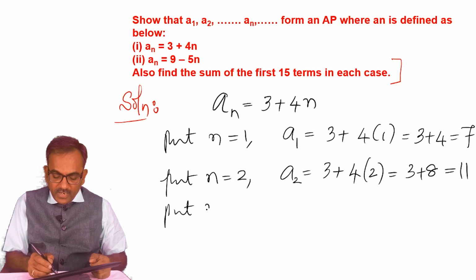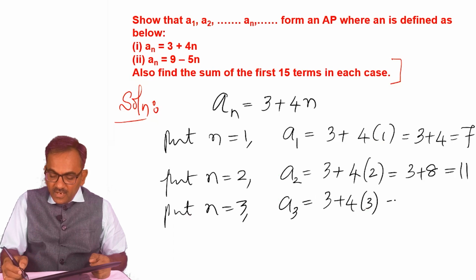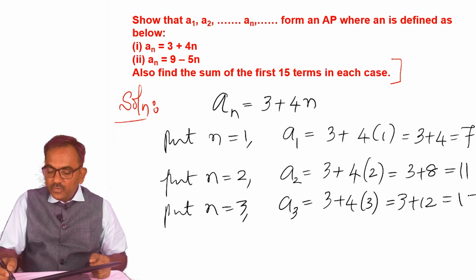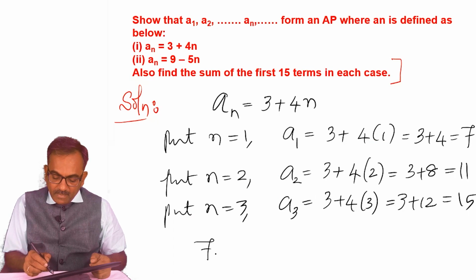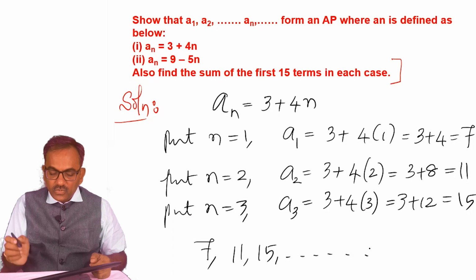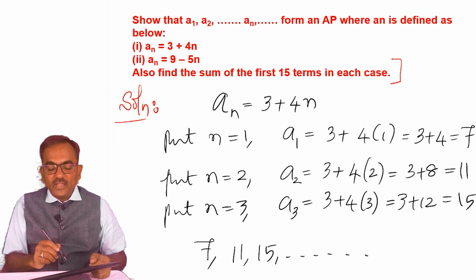Then put n is equal to 3, A3 is equal to 3 plus 4 times 3, 12 plus 3, which is equal to 15. So I have the AP 7, 11, 15 and so on. As a first step, I obtained the AP.